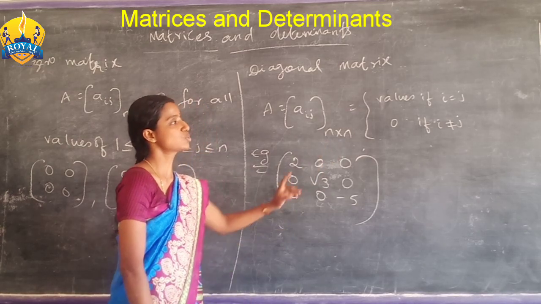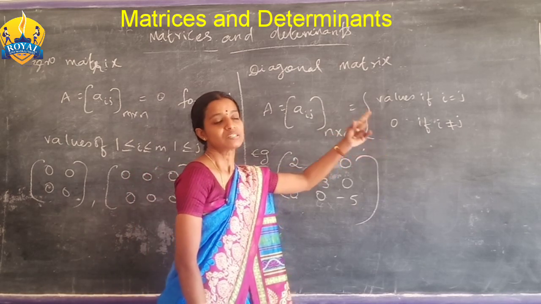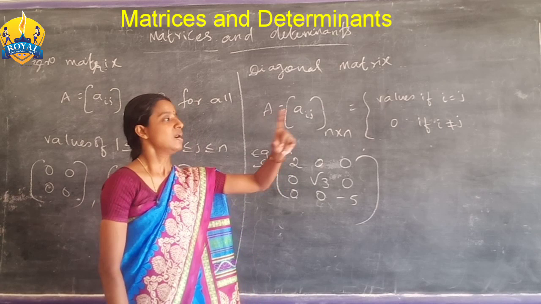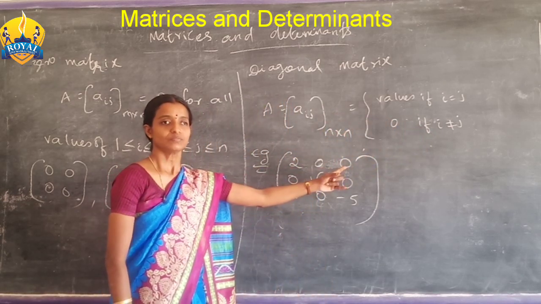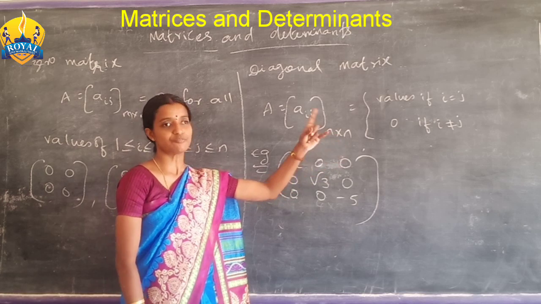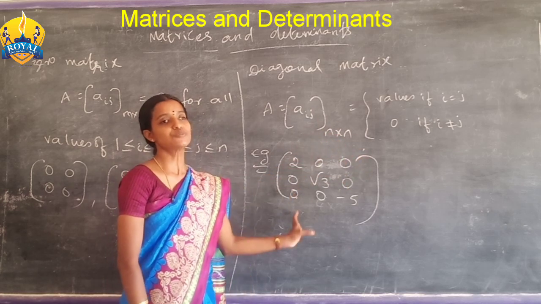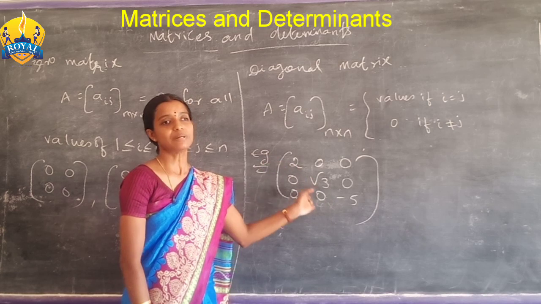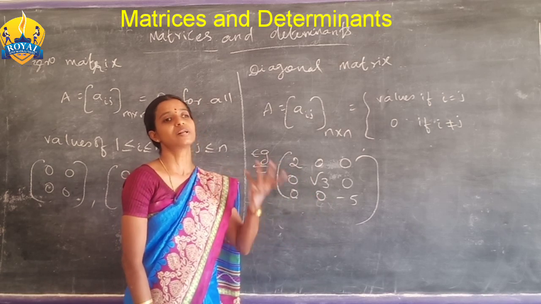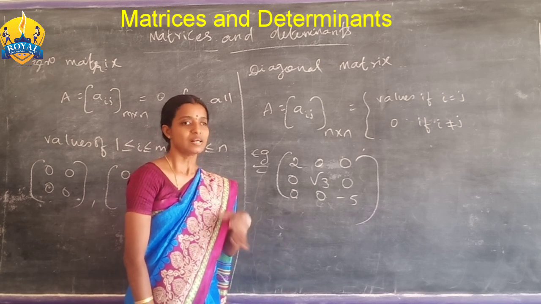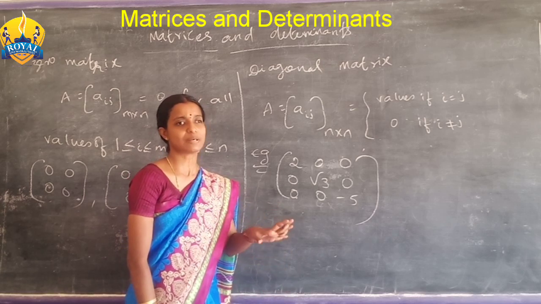Rest all the values will be 0. So wherever I have i not equal to j, I have zeros. If I have i equal to j, those places will have some numbers, either some natural number or a whole number or a rational number or a complex number or a trigonometric value, whatsoever may be.